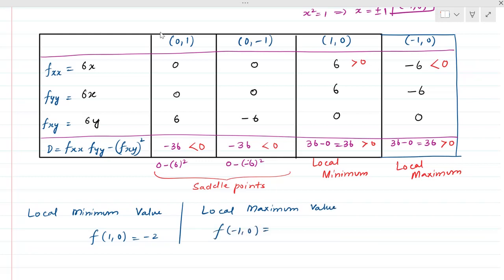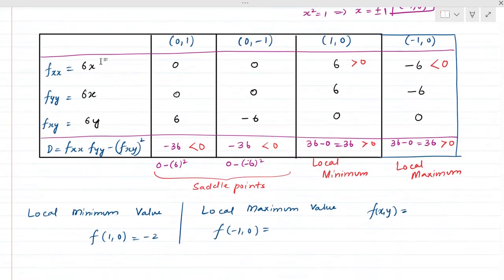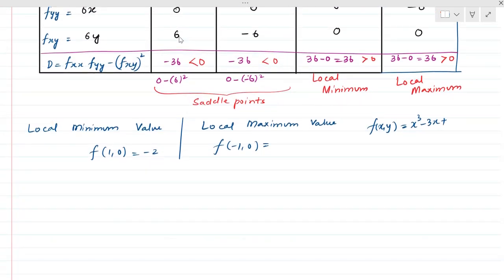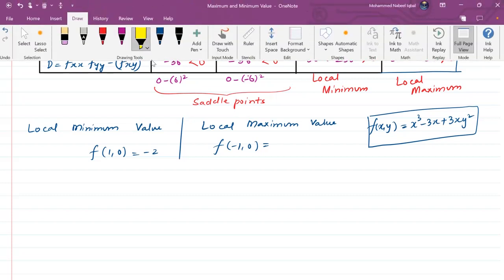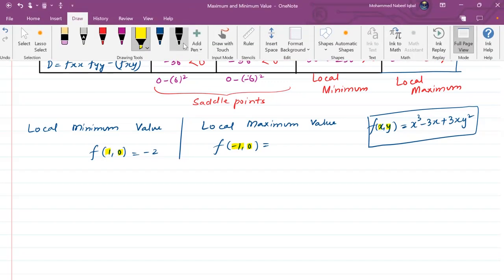How will you find this value? From the given function. The function is given as x cubed minus 3x plus 6xy squared. So replace the x and y values here: minus 1 and 0. So you will get the value. Similarly here, substitute 1 and 0 and you will get the value.